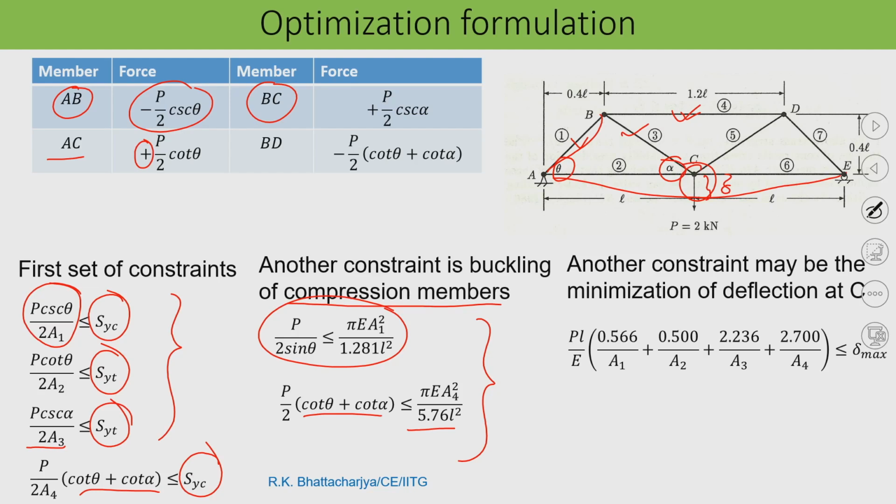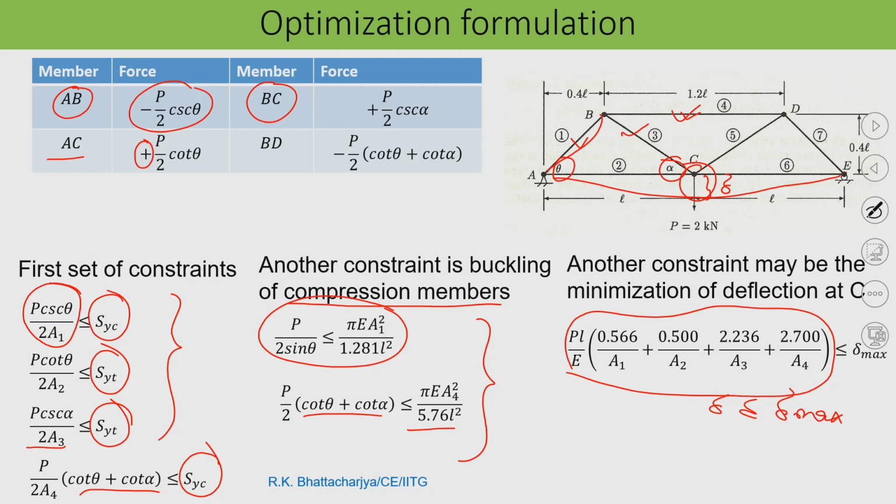Now, I can put another constraint which will give the deflection, calculated at point C. The deflection is PL by E within bracket 0.566 divided by A1 plus 0.5 by A2 plus 2.236 divided by A3 plus 2.700 divided by A4, and this will give you the deflection at point C. So, you can say delta should be less than or equal to delta max. I can put this constraint also.